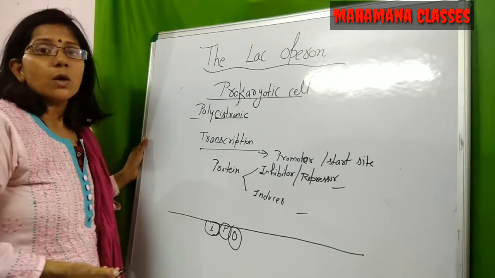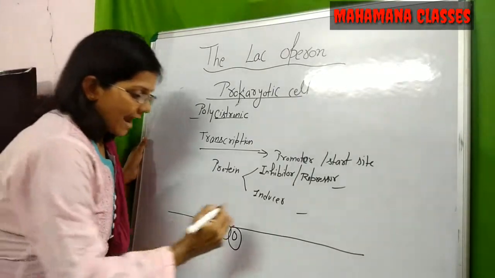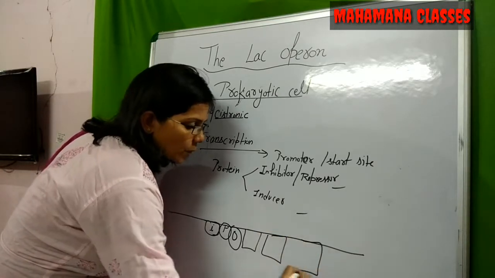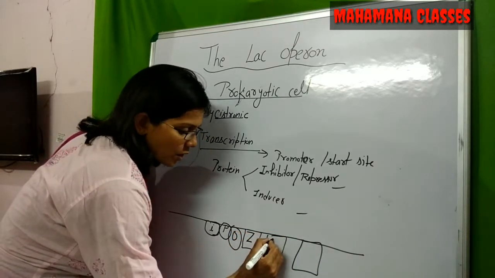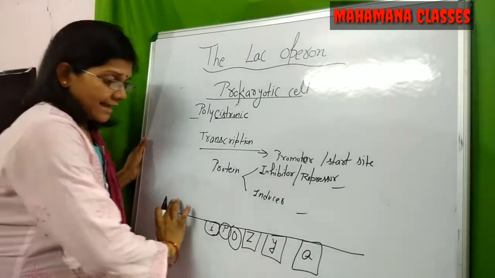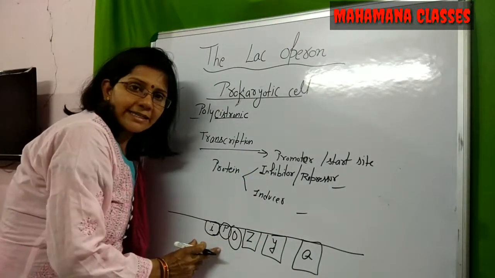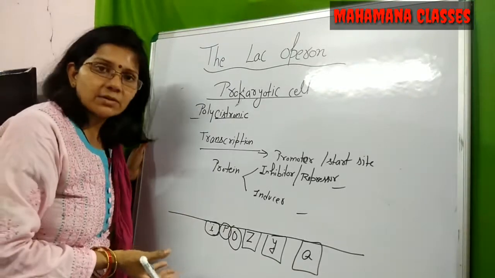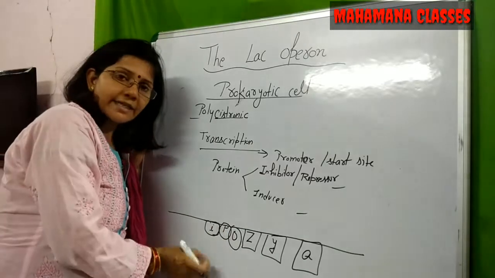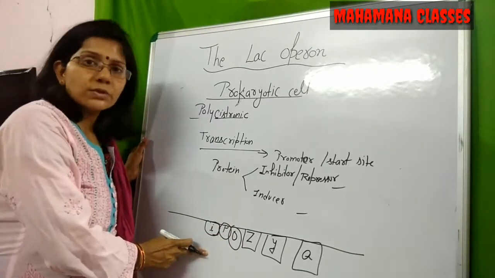It is always the inhibitor in case of the lac operon model. And then there are three more important genes, Z, Y, and A. This whole sequence, expressing particular types of proteins in association with the operator and promoter, is known as the operon model according to Jacob and Monod.